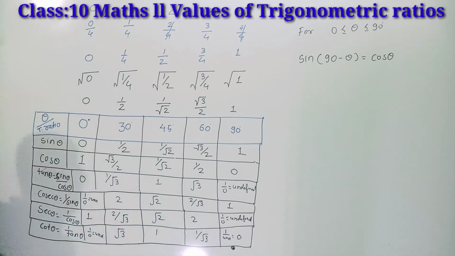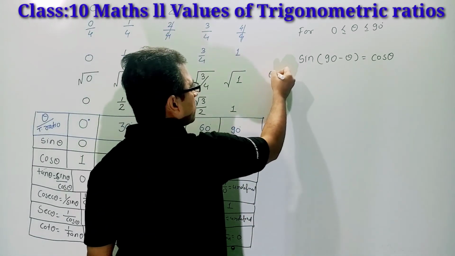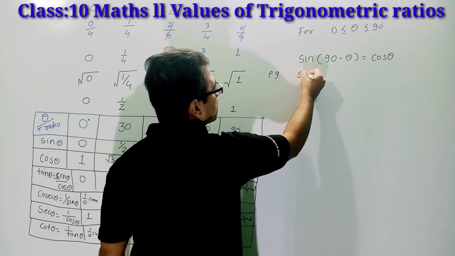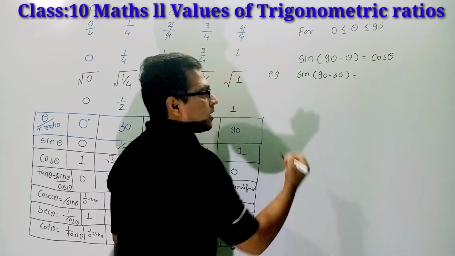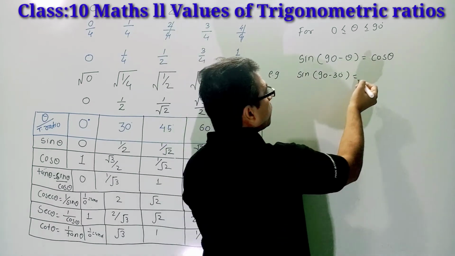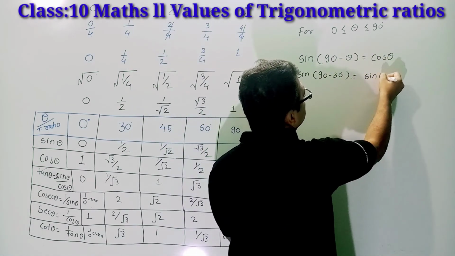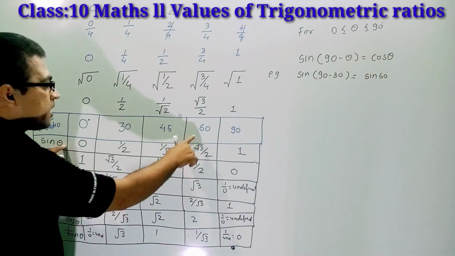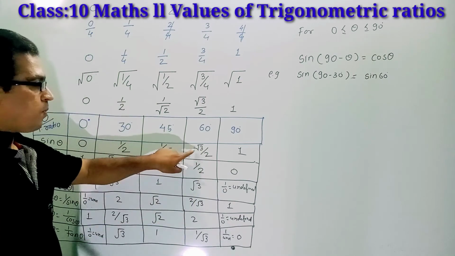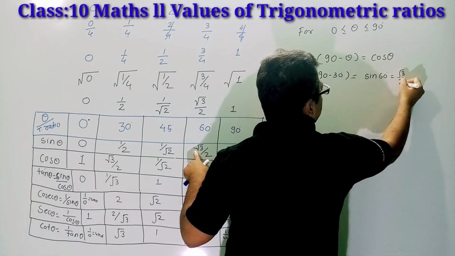It means, student, suppose you want to find out sine 90 minus 30 degree, you will get sine 60 degree. What is sine 60 degree? Sine 60 degree is root 3 by 2.